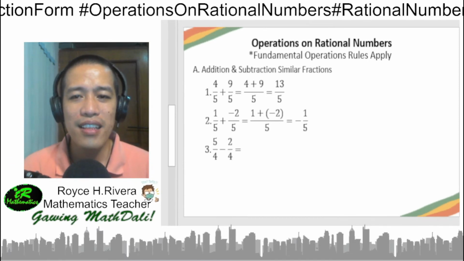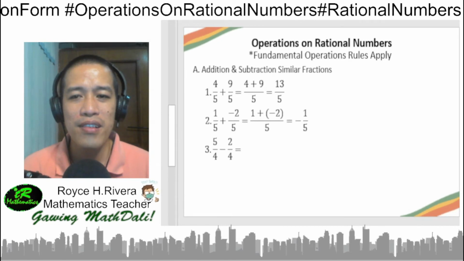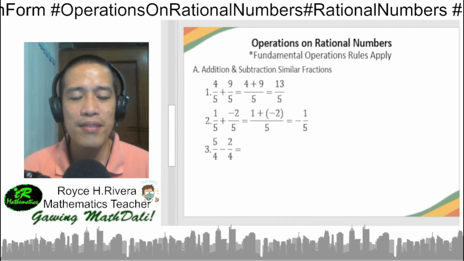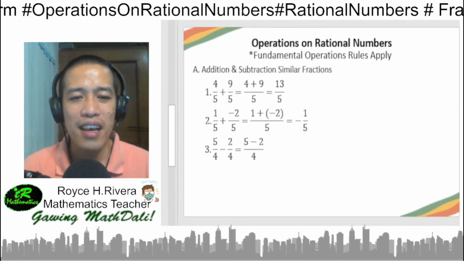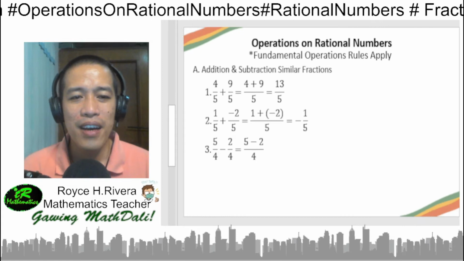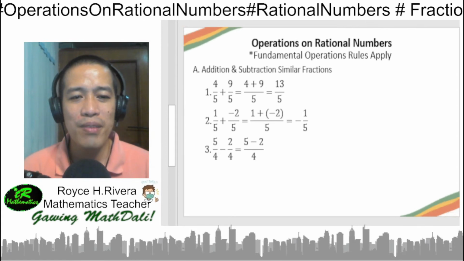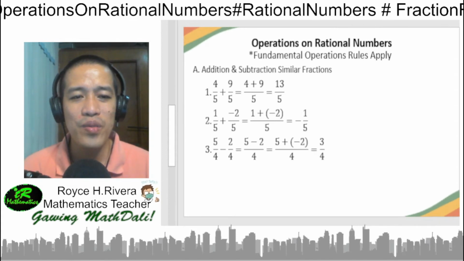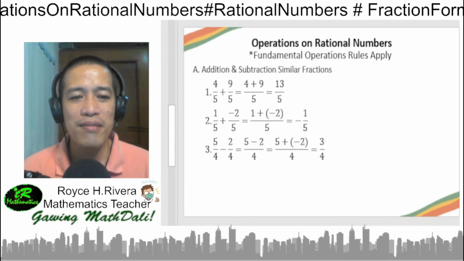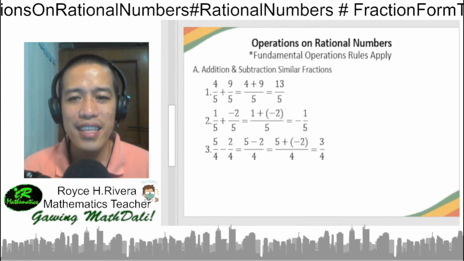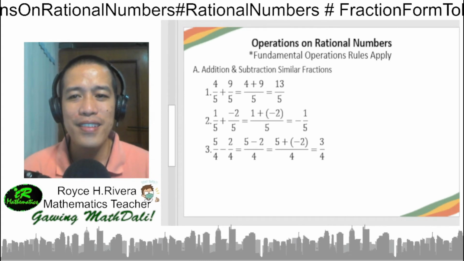Number 3, the difference of 5 over 4 minus 2 over 4. Copy the denominator, then subtract the numerator. 5 minus 2 all over 4, and that is equal to 5 plus negative 2 all over 4 equals 3 over 4.